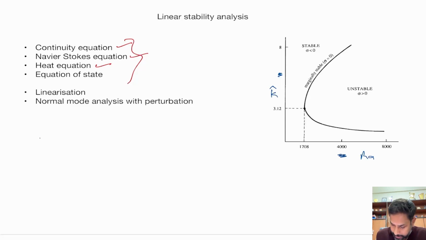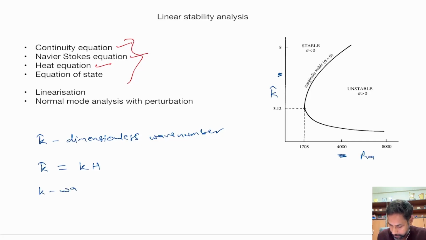Okay, so K hat here is the dimensionless wave number, or in other words, this is defined as KH, where K is the wave number and H is the gap between the plates.